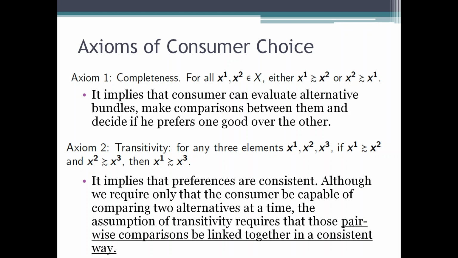Although we require only that the consumer be capable of comparing two alternatives at a time, this assumption of transitivity requires that those pairwise comparisons be linked together in a consistent way. Pairwise comparison, pair means two. So x1 with x2, x2 with x3, x1 and x3, those are all pairwise comparisons.